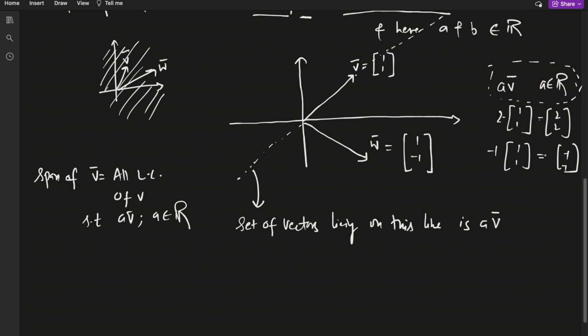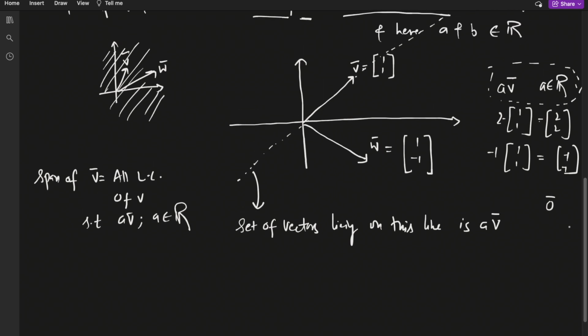If you take any vector in 2 dimensions, then the span of the vector itself is a line, except the special case of the zero vector, because the span of the zero vector is just the zero vector, so it's not a line. But apart from the zero vector, any vector on the 2D plane, the span of the vector itself is a line.